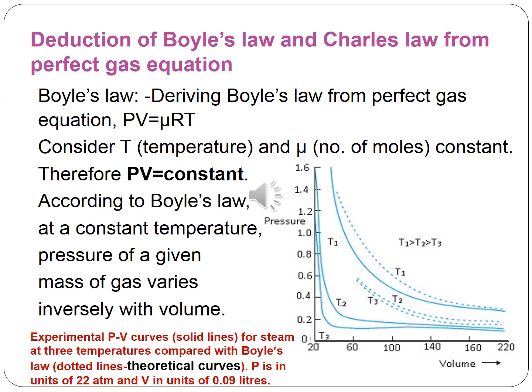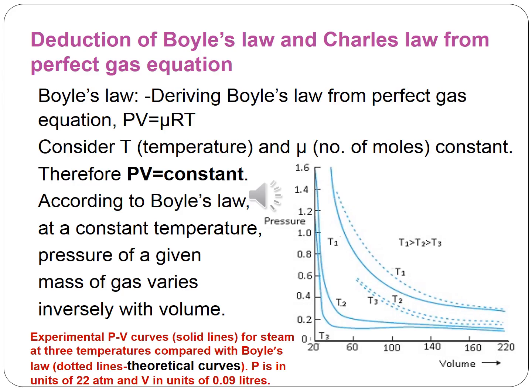That is, by using this graph, we can compare the experimental PV curves with the theoretical curves predicted by Boyle's law. Here, P is measured in units of 22 atmospheres and V is measured in units of 0.09 liters.